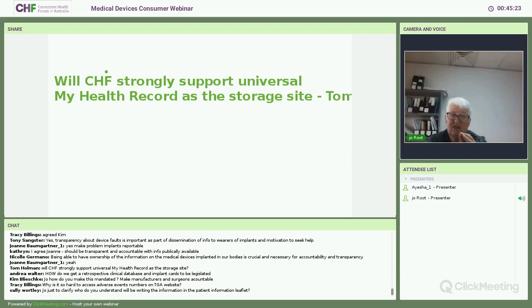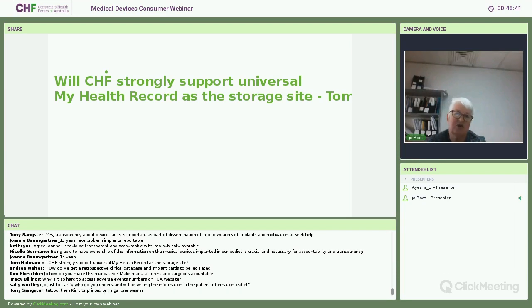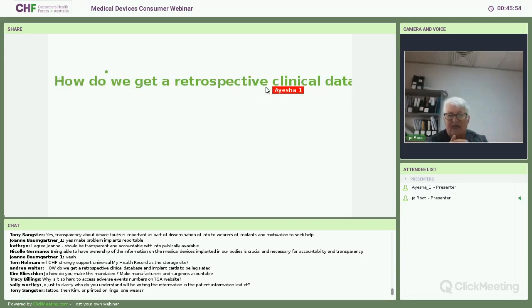So we would say that yes, it would be ultimately based on the My Health Record for this information, that what's on the patient card should go on to the My Health Record eventually. How long it takes to make the My Health Record able to take that is another matter, but we certainly would say that if the My Health Record is going to fulfill its purpose of having all your health information in one place, then that is a clear issue.